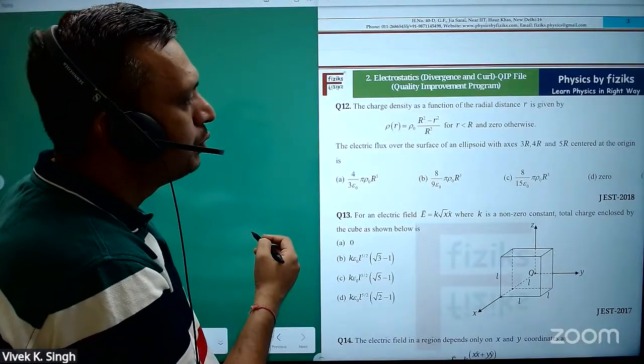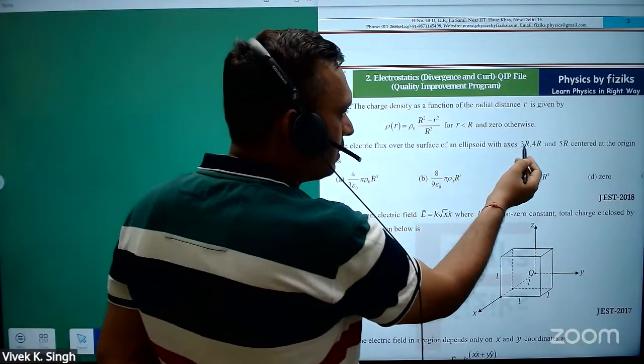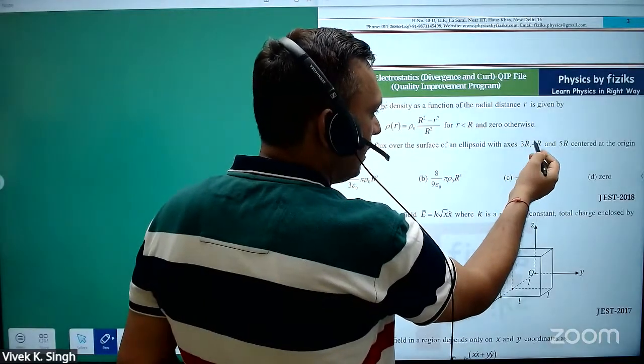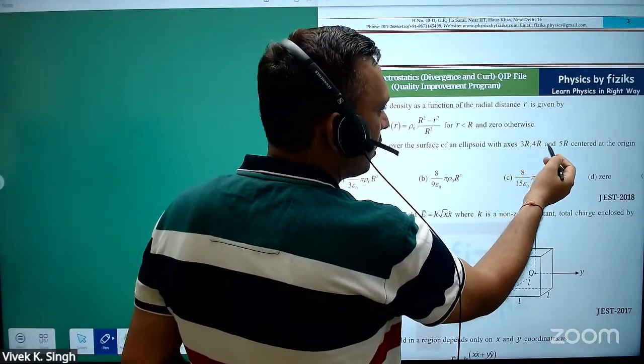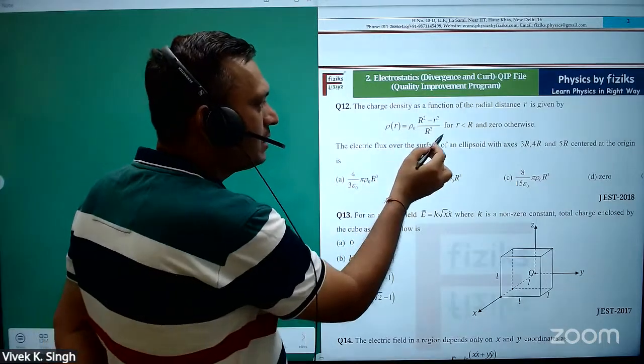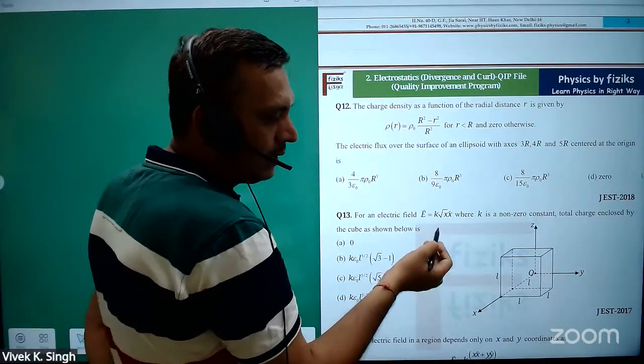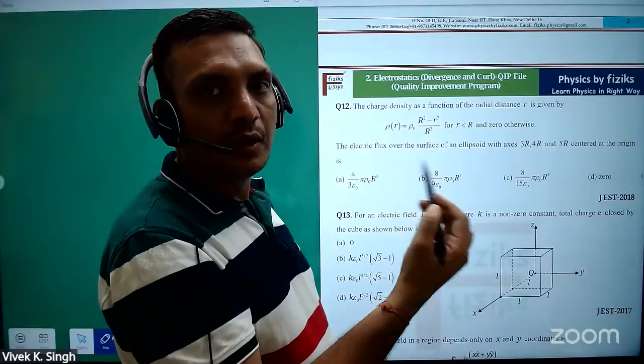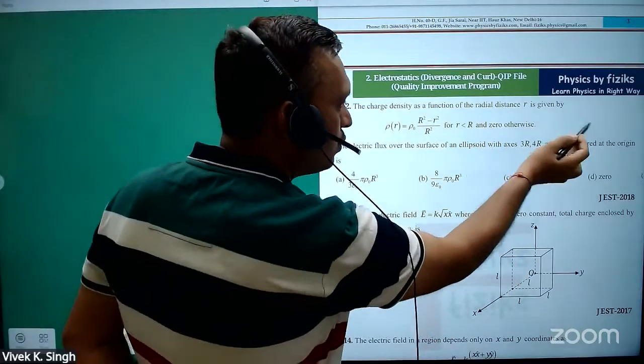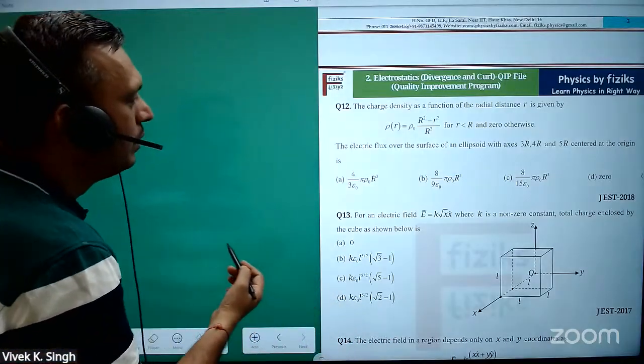Although the ellipsoid axes are given as 3R, 4R and 5R, the charge is distributed from 0 to R only. So when you integrate, you have to integrate 0 to R only, because outside the charge will be 0.